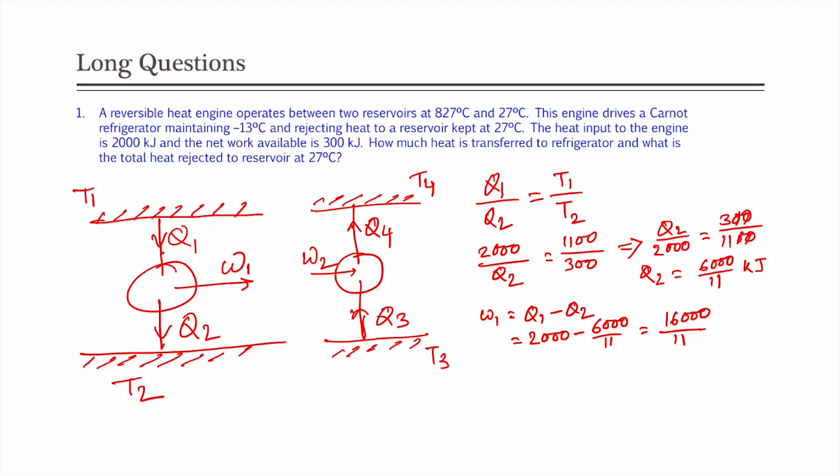and of course, that means all the W1 is not being fed into the refrigerator. So, this is the refrigerator and this is the engine, Carnot engine. So, 300 less is being fed.